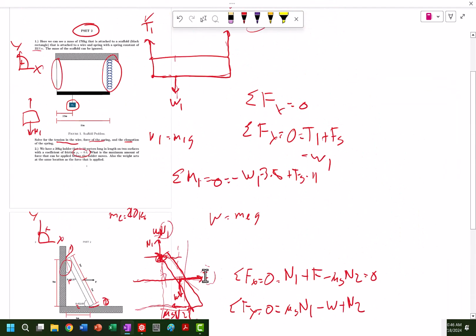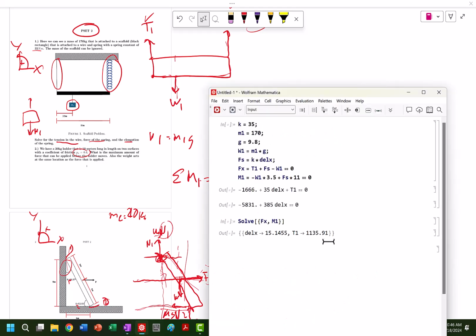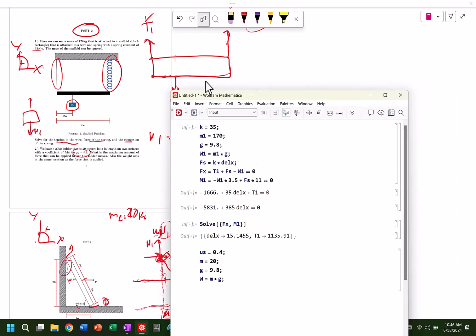Let's look at what we got here. I'm going to say that my mu s is equal to 0.4. My mass equals 20. My g equals 9.8. My weight equals mass times g. Good. That's all we really need there.